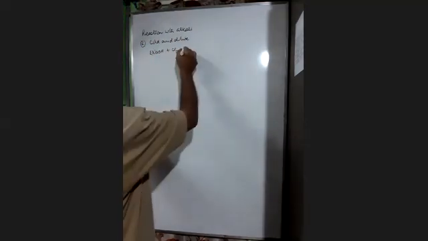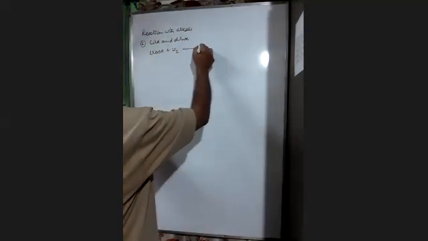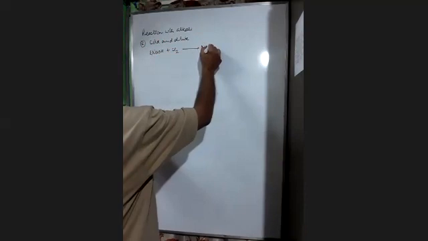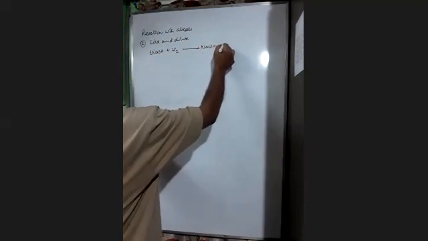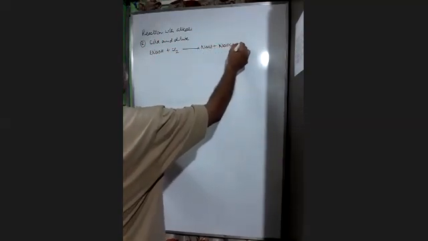So let me write here sodium hydroxide and chlorine. It will give you NaCl, NaOCl, H2O.